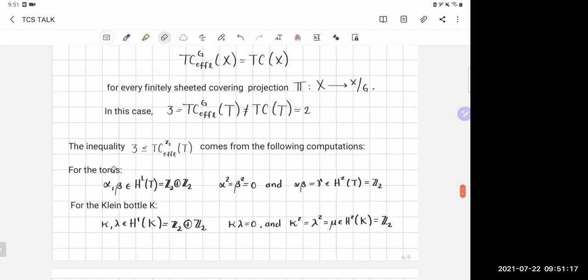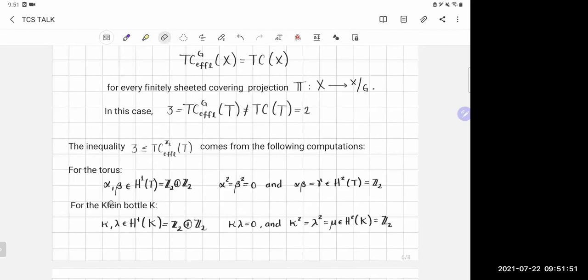So we know that the cohomology ring of the torus is generated by elements in the first group, alpha and beta. The first group equals C2 plus C2. And these elements satisfy the following relations. So the square of alpha equals the square of beta equals 0. And the product equals gamma, the generator of the second group of cohomology, which is C2.